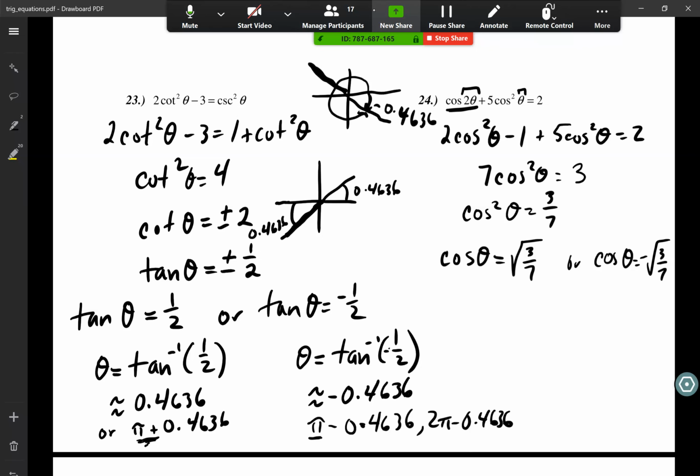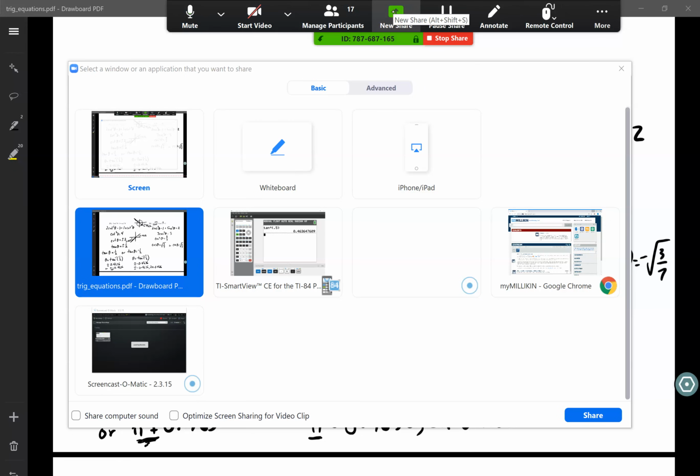Now, just like before, this is certainly not a value that we know the cosine of easily, right? We didn't learn any exact values that was square root of 3/7. So we're going to need to go over and grab our calculator again.